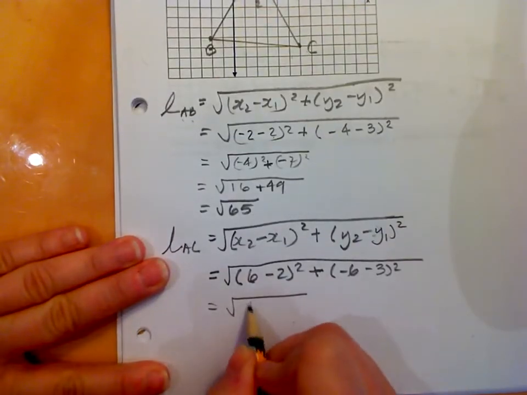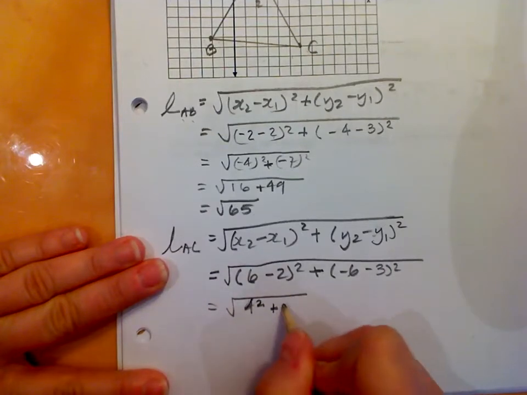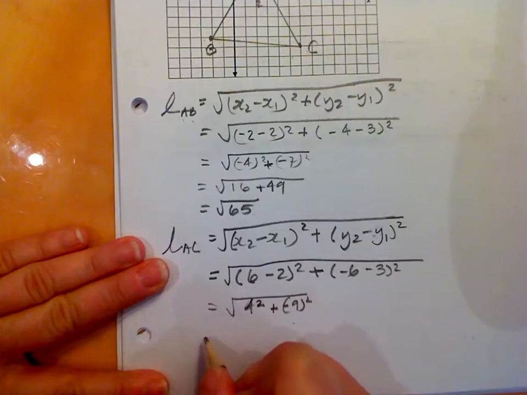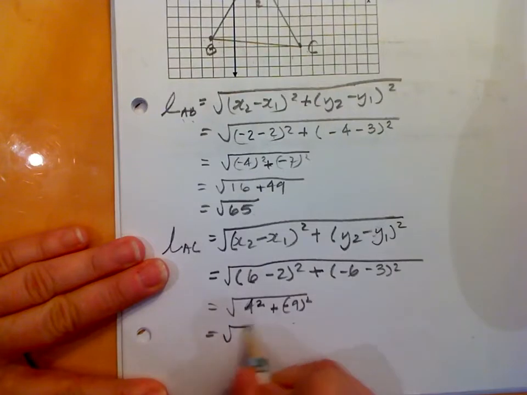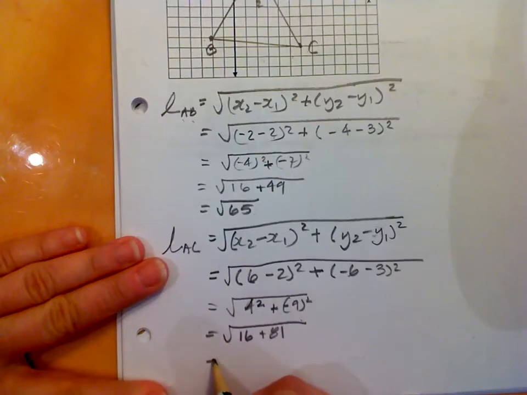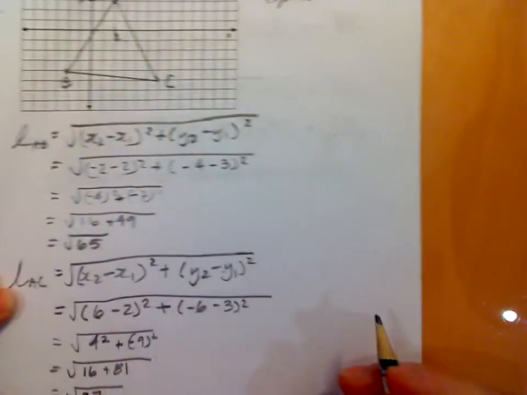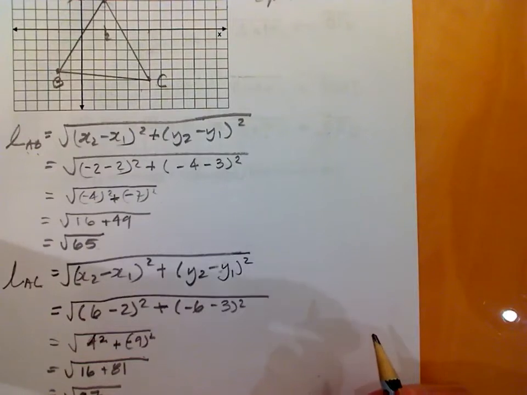So that's 4 squared, 4 squared. And that's negative 9 squared. So that is 16 plus 81, which is, I don't even need to calculate it, but I will, but I know for sure that's not equal to root 65, right? That's 97.